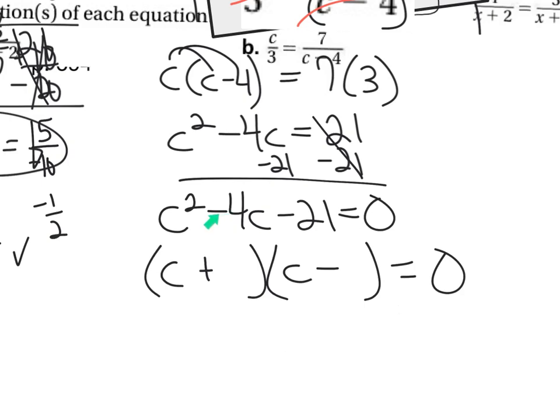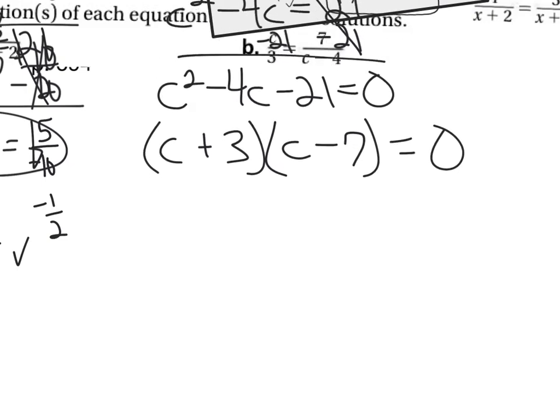Notice we do have more negatives here than positives. Looking at our closest factors would be 3 and 7, and we need more negatives. So I'm going to put the 7 with the negative, or the subtraction sign, 3 with the positive. And if you work that out, look at your middle terms. That's minus 7c plus 3c gives us minus 4c. So that works.